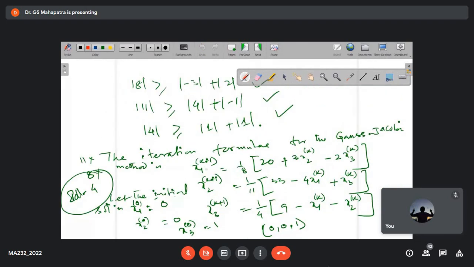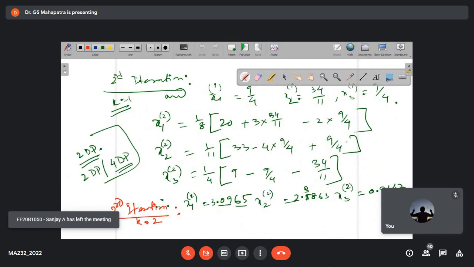If you put k equals 2, then it will be x1 3, x2 3, x3 3. Here it is x2 2. So this is the new iteration formula. Okay, clear? So that will be the next iteration formula for the third iteration.